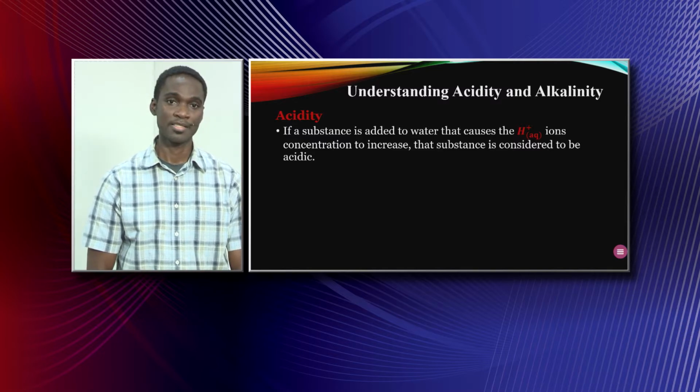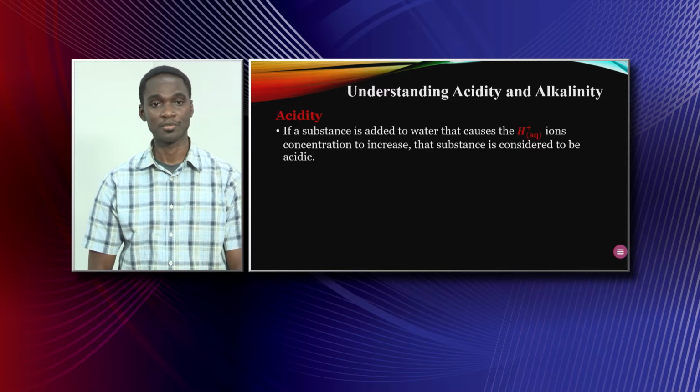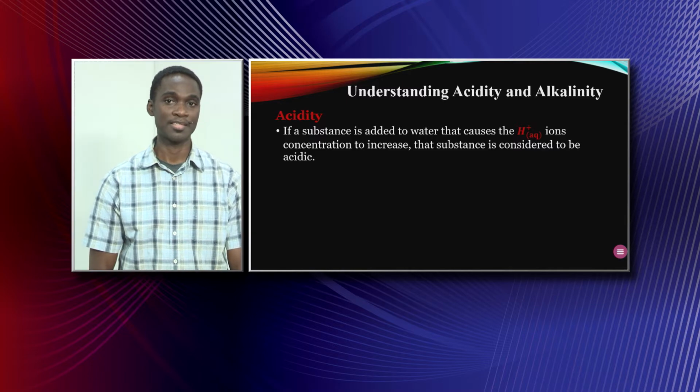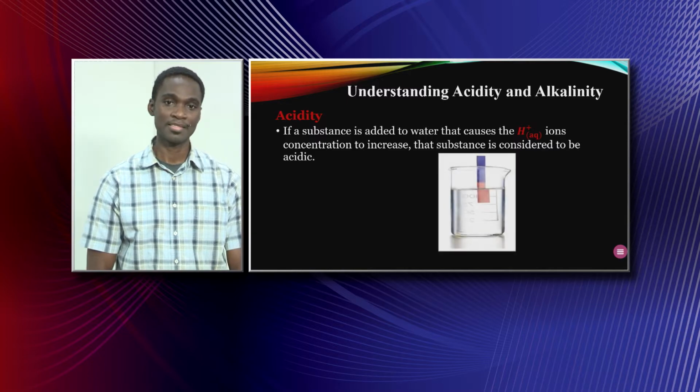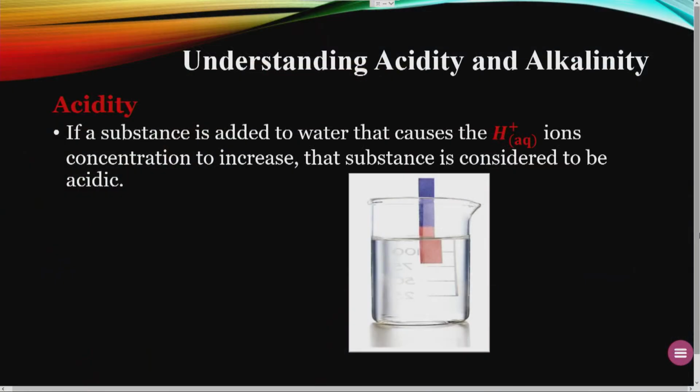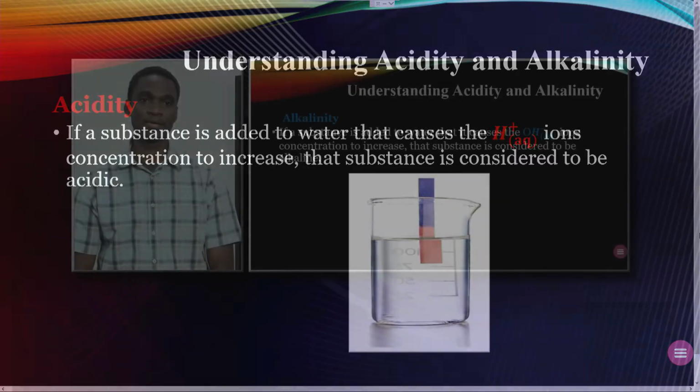Now when a substance is added to water that increases the H plus ions, we would say that that substance is acidic, because the H plus component is acidic. To test using litmus paper, an acidic environment would cause blue litmus paper to turn red. That is how we can determine whether an environment is acidic or not.